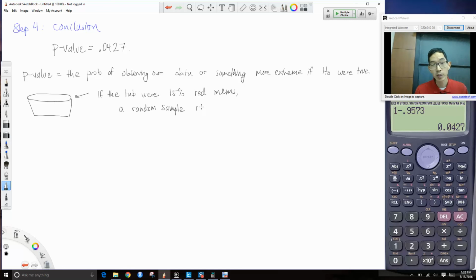A random sample could, just from random chance, produce a random sample where 20% or more are red.